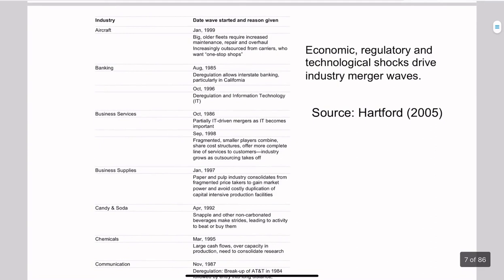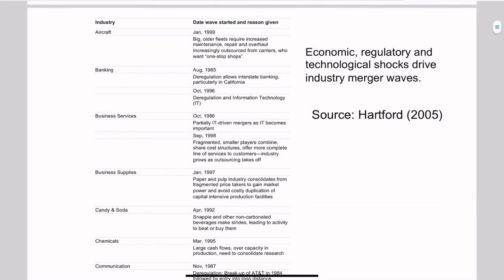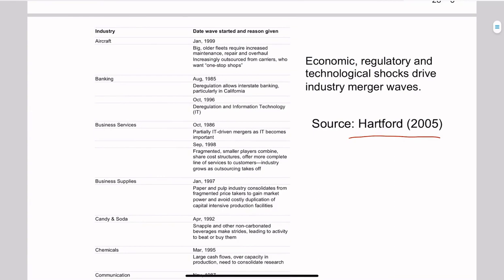Merger and acquisition is a very active research area. One line of research is about what causes or drives merger waves. This is a table from Harford, a paper written in 2005. Merger waves are basically driven by several forces: economic, regulatory, or technological.